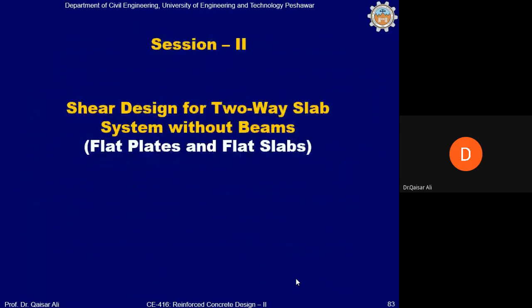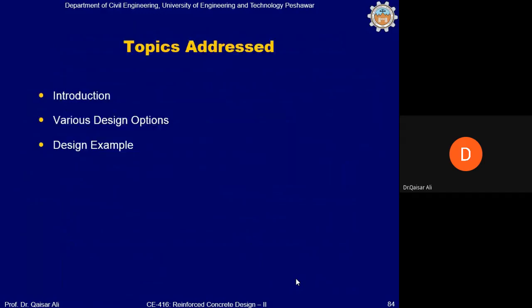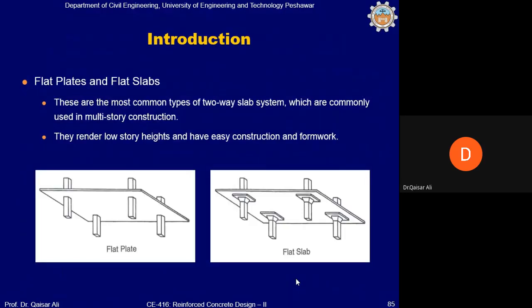In session 2, we will discuss the shear design for two-way slab systems without beams. These are the topics to be addressed. You know that a flat plate is a system without beams, and the most common problem with the flat plate is the punching shear problem.